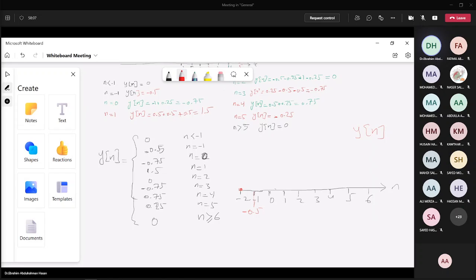At 0, it is equal to minus 0.75. At 1, it is equal to 1.5. At 2, equal to 0.